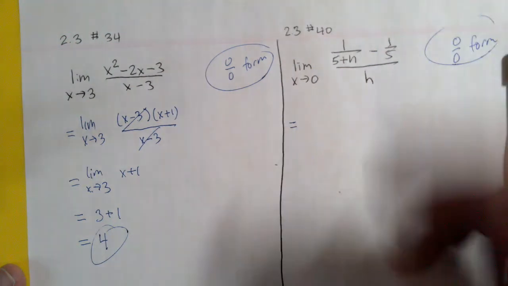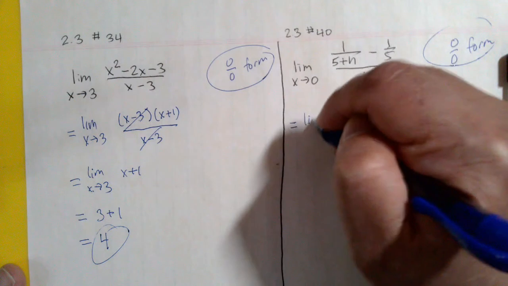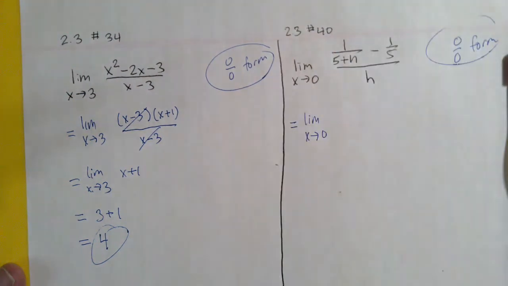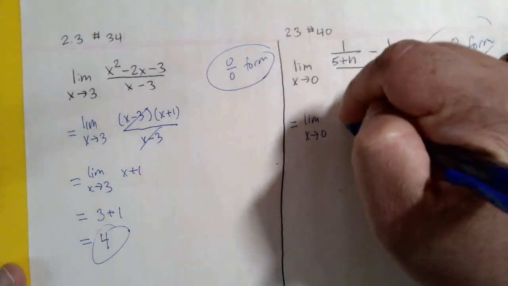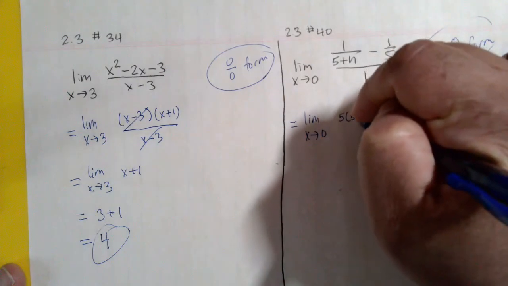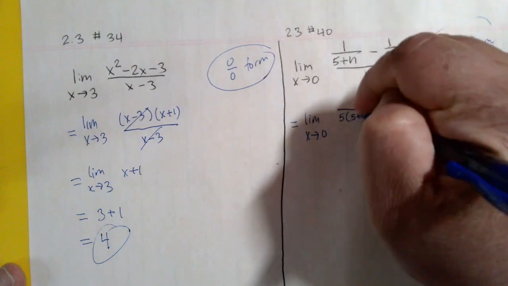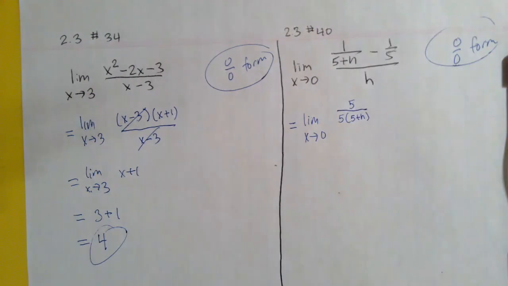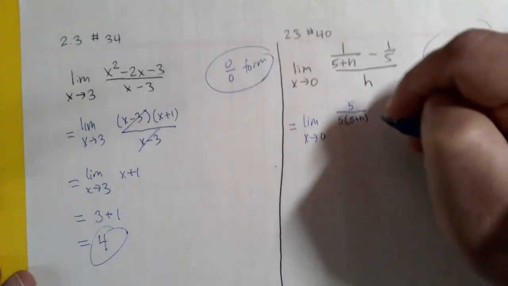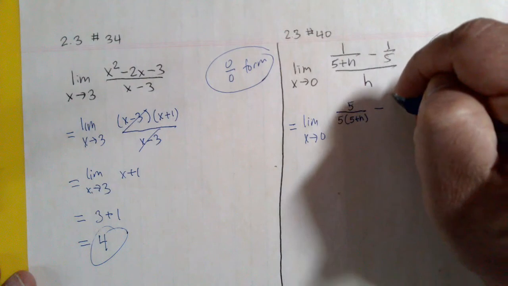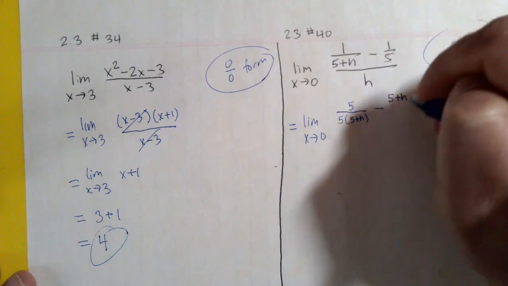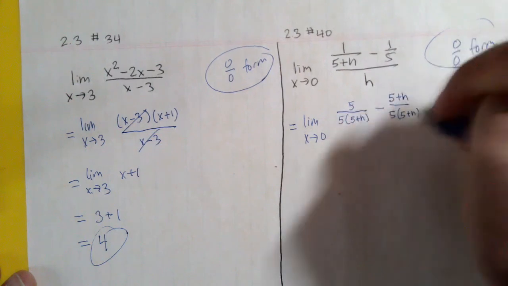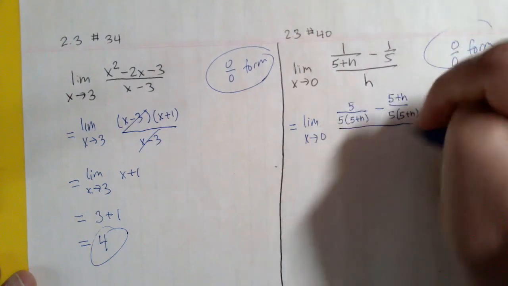So the common denominator for these two fractions up here is going to be 5 times (5 plus h). So this first fraction is equivalent to 5 over 5 times (5 plus h). Second one, (5 plus h) over 5 times (5 plus h). It's all divided by h.